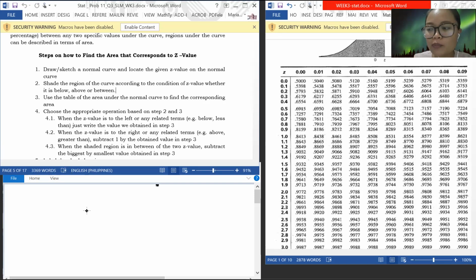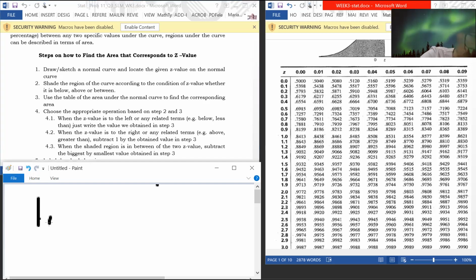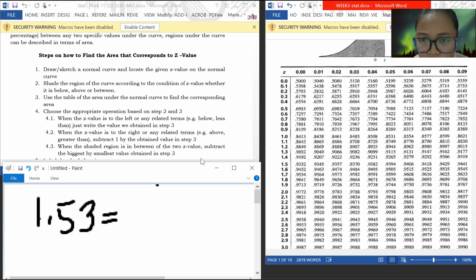So for example, what is the value of 1.53? To find 1.53, we first look at the side. Positive, ha.